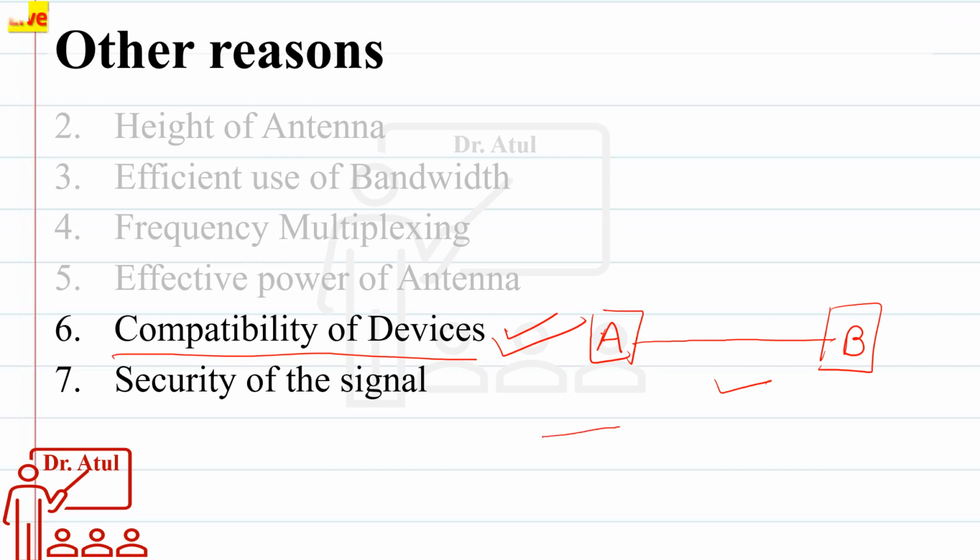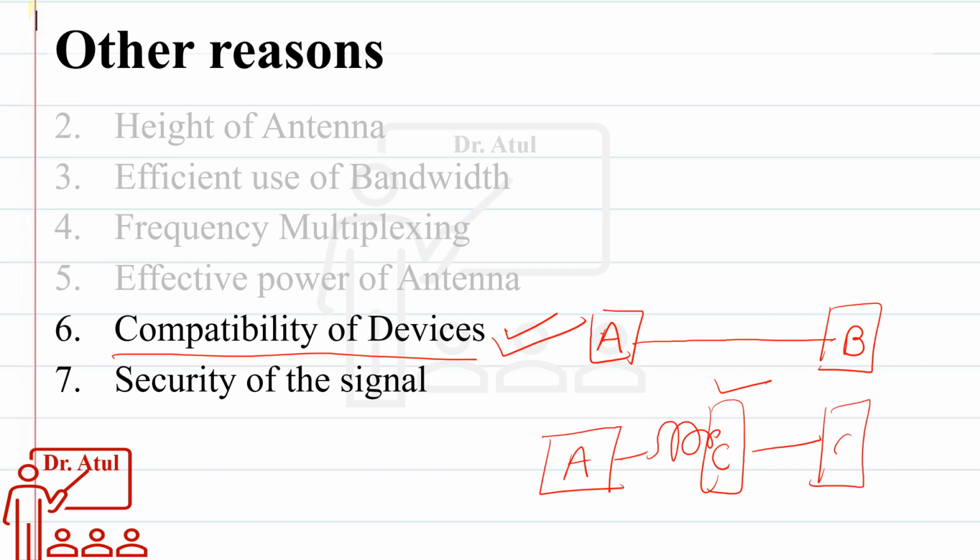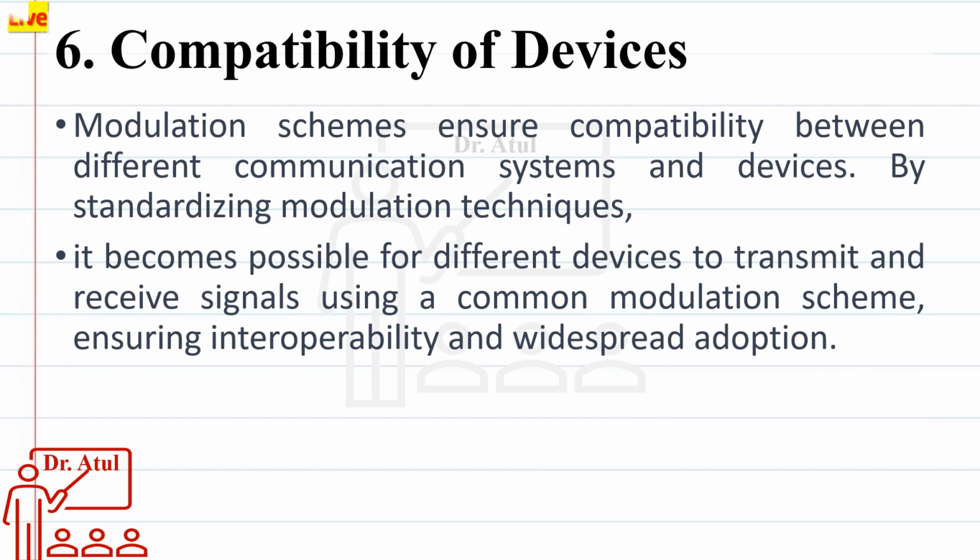But if I convert the signal to a modulated carrier, then at the receiver the carrier will be compatible, and this carrier can then be connected to B. So that connection compatibility is possible with the help of a modulation scheme. That is the advantage of modulation.